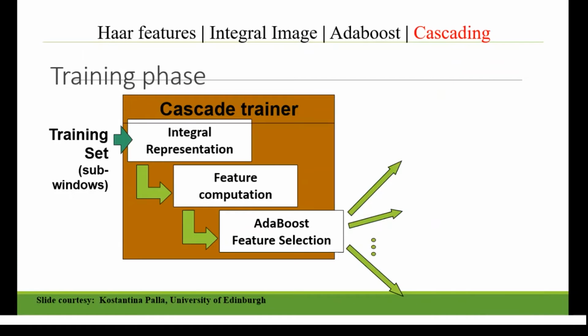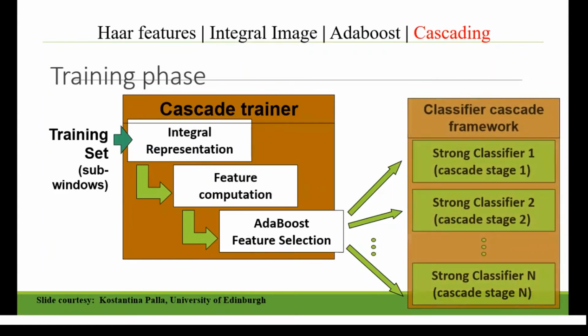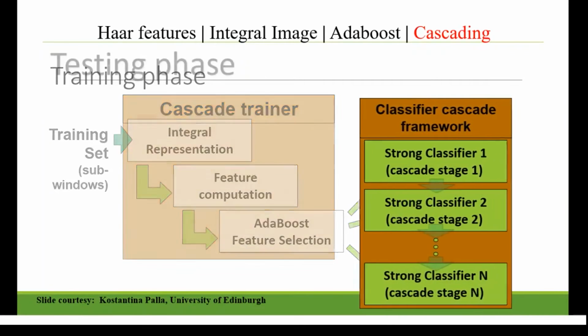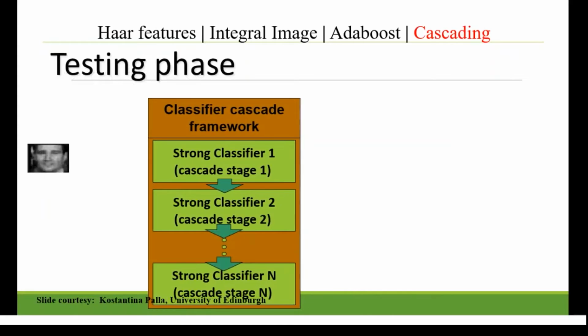So now we'll see how exactly it works. For the training set, images would come and be converted into integral representation. After that we'll have feature computation. Then AdaBoost feature selection would have stages. As you can see, there are various stages. The image would first go to stage 1.